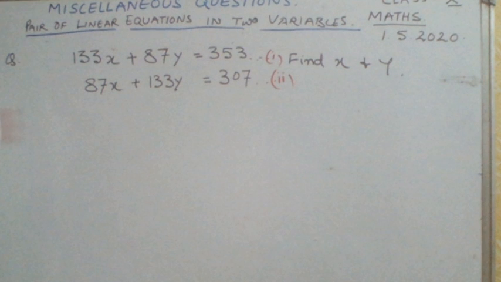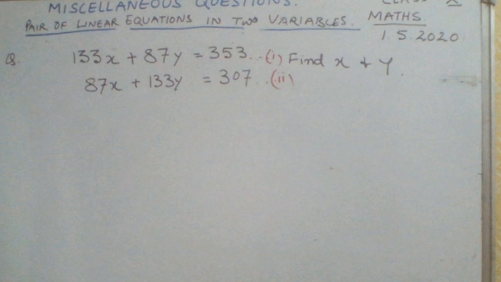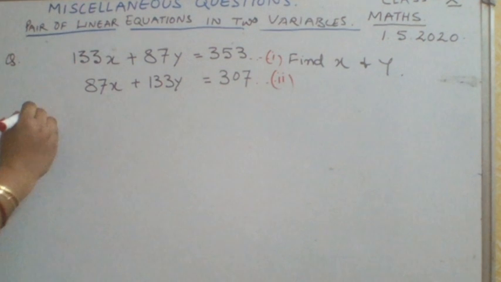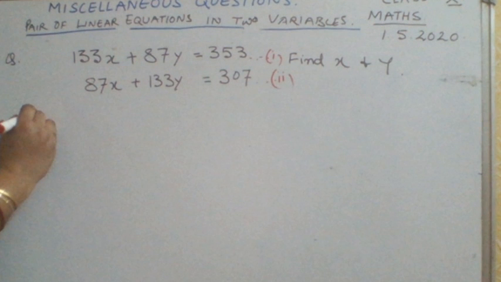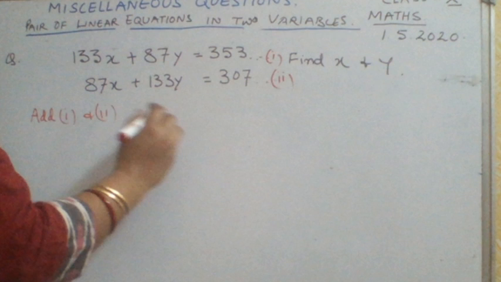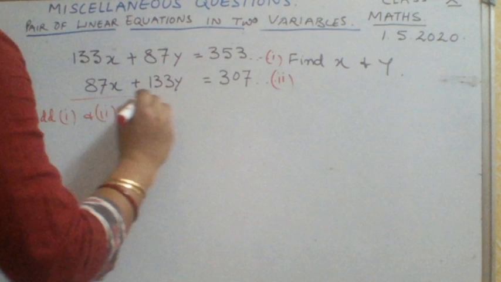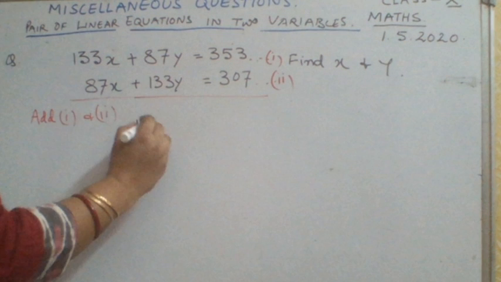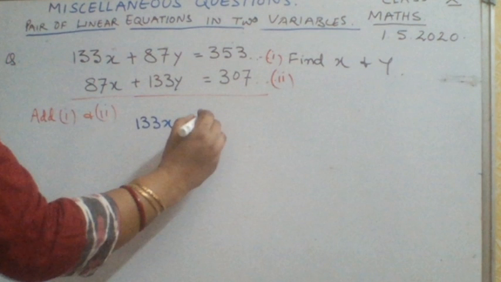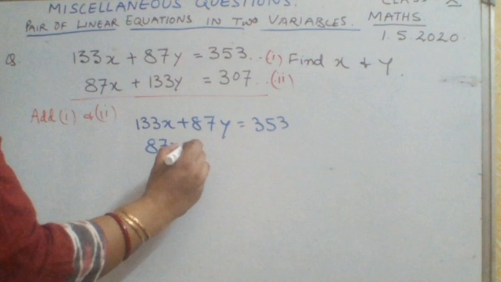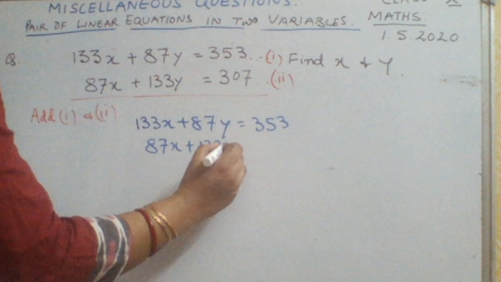So we are going to add them. If we add equation number 1 and 2, we get what? 133x plus 87y is equal to 353, and 87x plus 133y is equal to 307.